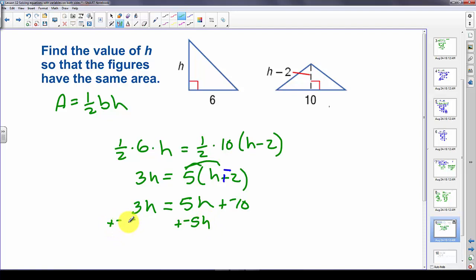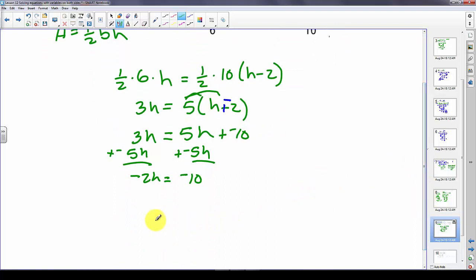And it's okay to do as long as you keep track of your positives and negatives. So now what I have is negative 2h is equal to negative 10.